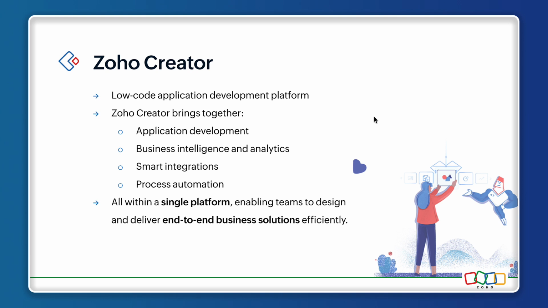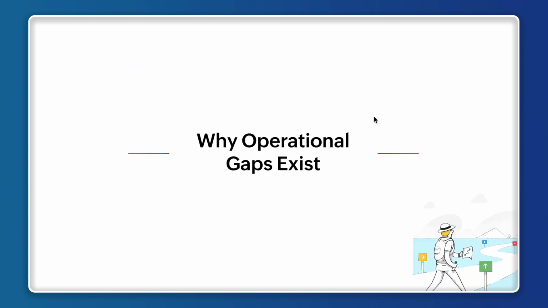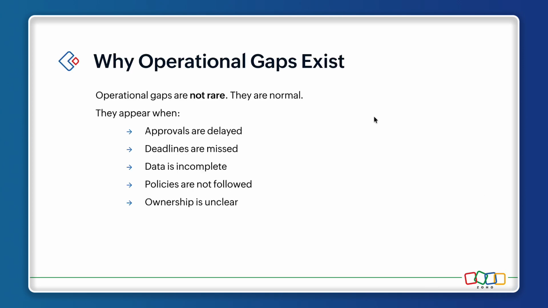Now let's talk about today's topic, that is operational gaps. Why do operational gaps exist? First of all, what is an operational gap? Operational gaps are not rare. They are normal in every business process you take.